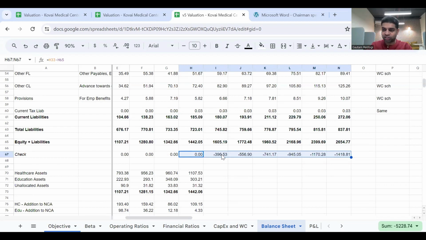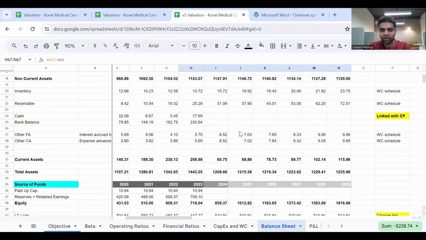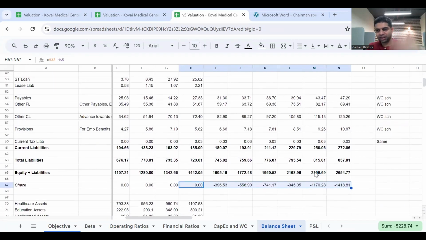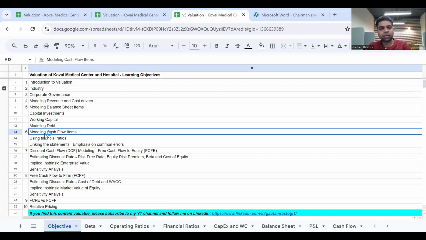Ideally, a lot of cash from the cash flow statement should come over to the asset side, which should help balance the balance sheet. That's why my overall assets are lower than my liabilities right now. So now let's go and model the cash flow line items.